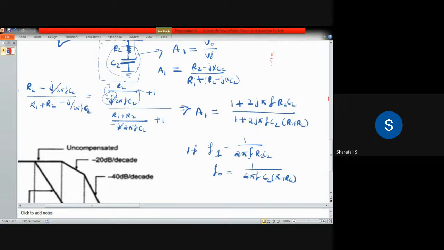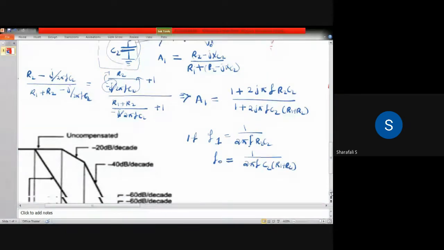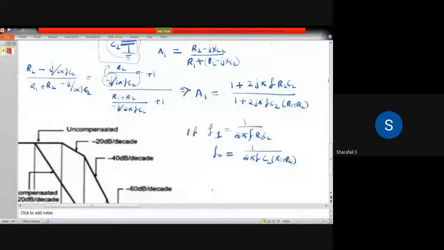So these two are the frequencies f1 and f0. If you consider it like that, then your A1 will become 1 plus j f by f1 divided by 1 plus j f by f0.